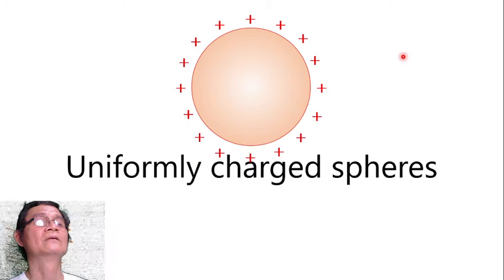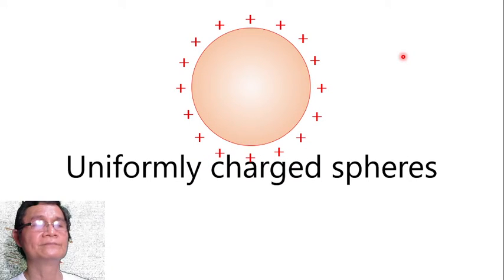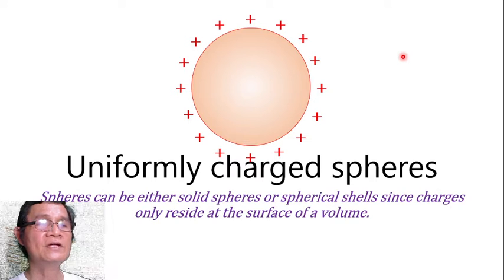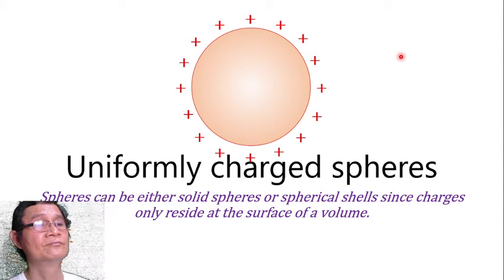Next, a uniformly charged sphere. A uniformly charged sphere can either be solid or a spherical shell, and anyway they are the same because the charges only reside on the surface of the volume, not inside.